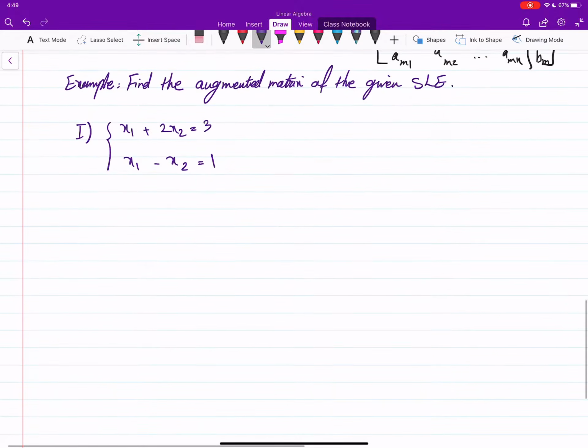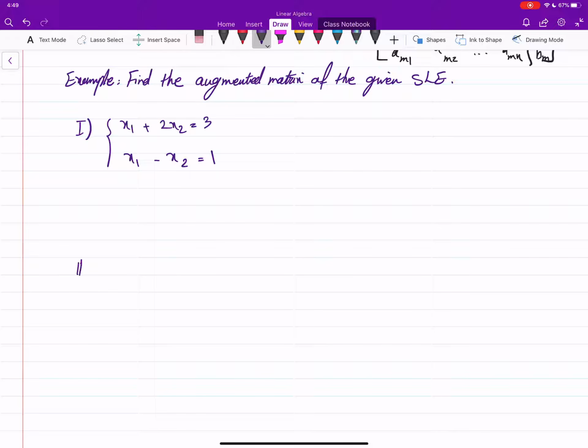I have another one here. We have x1 plus 2x2 is equal to 1, x1 minus x2 plus x3 is equal to 0, and x2 plus 2x3 is equal to 2.